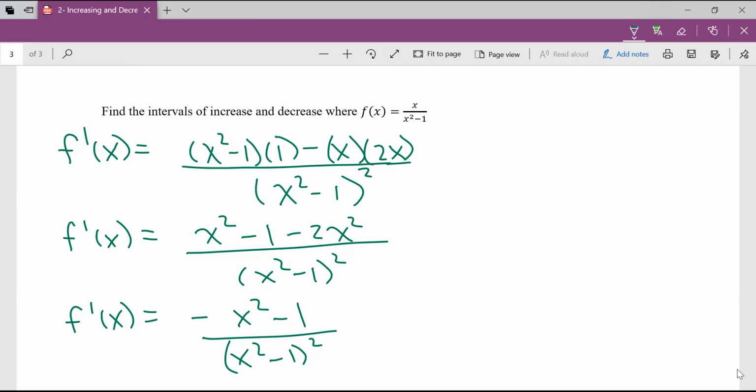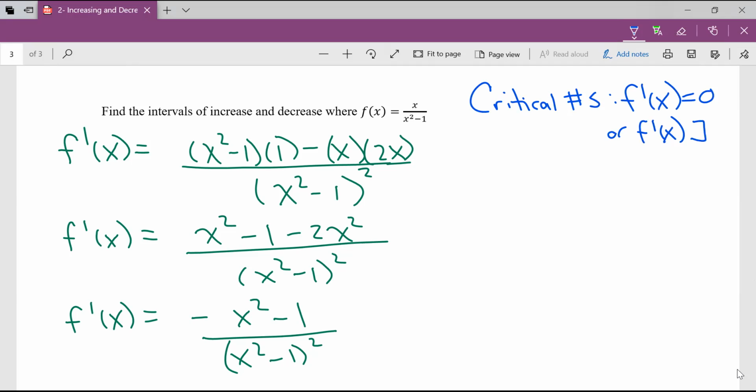Okay, so now our critical numbers. Again, I like to write this out every time so I don't forget. That's where my derivative is equal to 0 or the derivative does not exist. Okay, so let's set our derivative equal to 0.